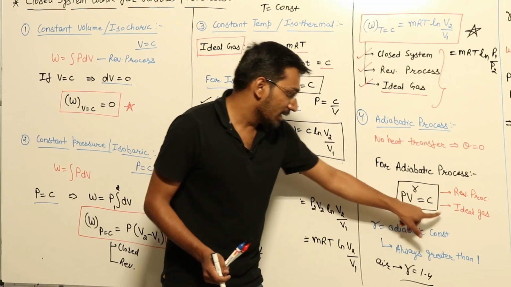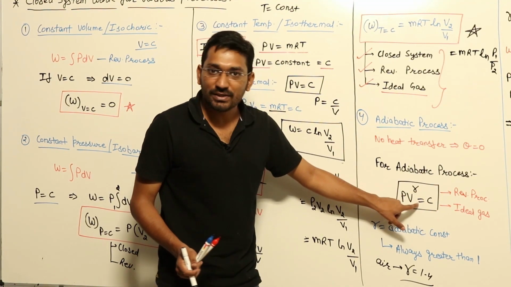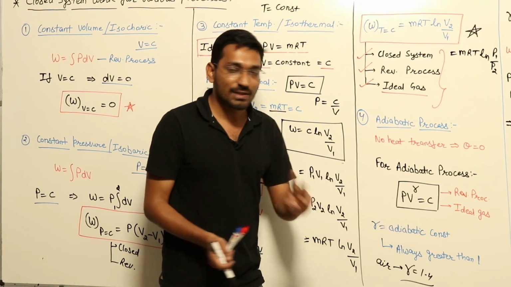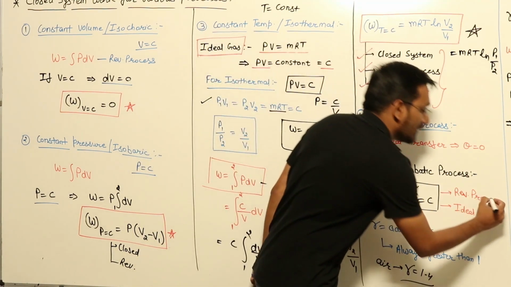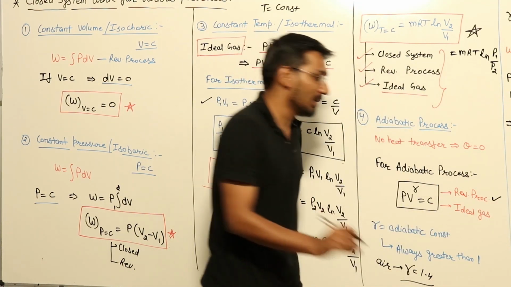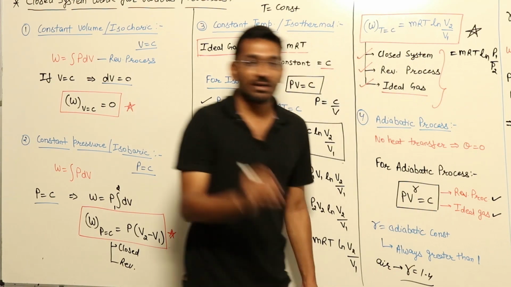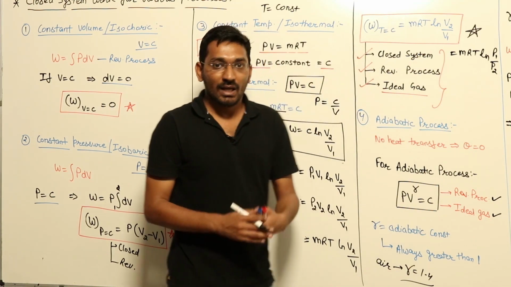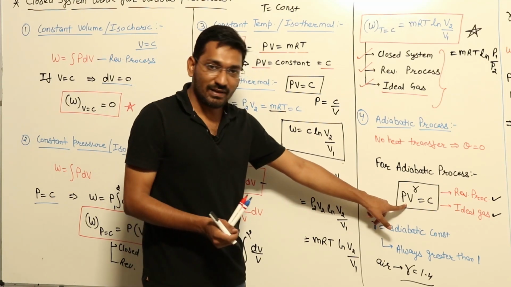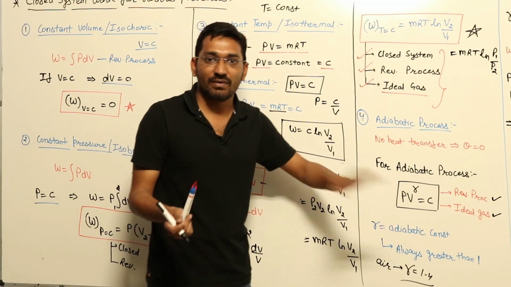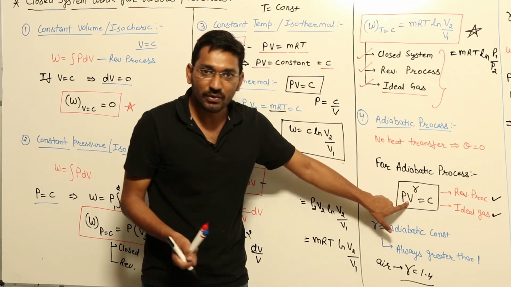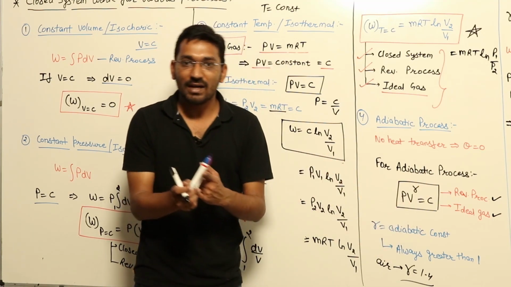We'll see later that when we are deriving this equation, that is PV raised to power gamma is equal to constant, we are taking two assumptions. First assumption is your reversible process. Process must be reversible, and second assumption is gas must be an ideal gas. If the gas is not an ideal gas, this formula that PV raised to power gamma is equal to constant will not hold good. So this formula is only used for reversible process and ideal gas.